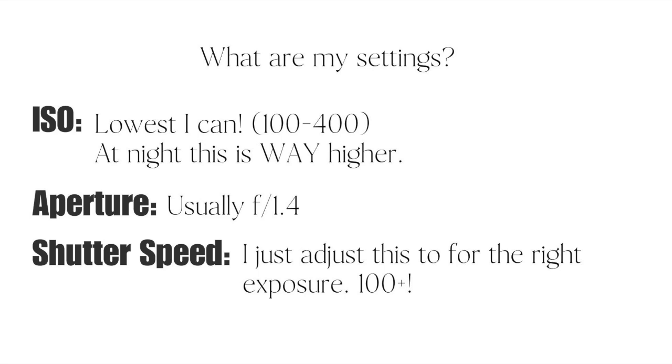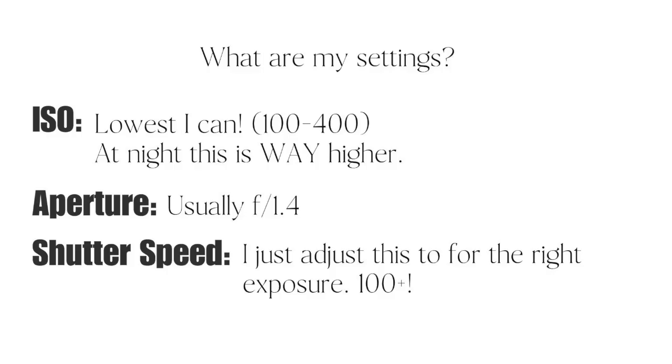All right, and shutter speed. This is the last thing I adjust, and I just adjust it for the right exposure. If my picture is looking white or too dark, then I just adjust this so that it looks right. So this is my last thing to adjust, but it has to be above 100 for me. Otherwise, I'm not really happy with it.